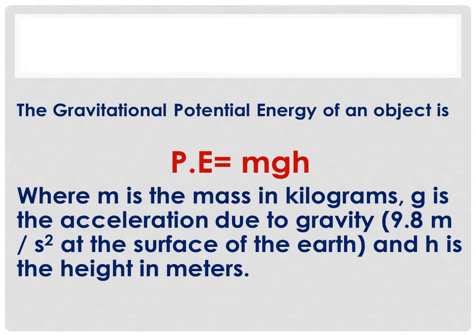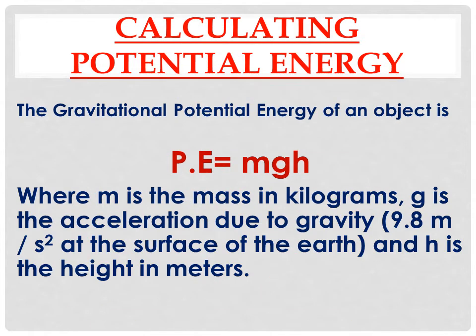Okay students, now let's see how to calculate potential energy. Calculating potential energy. The gravitational potential energy of an object is equal to mgh, where m is the mass in kilograms, g is the acceleration due to gravity, that is 9.8 meter per second square at the surface of the earth, and h is the height in meters.